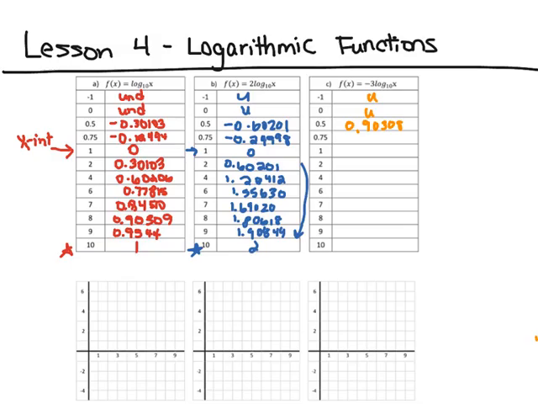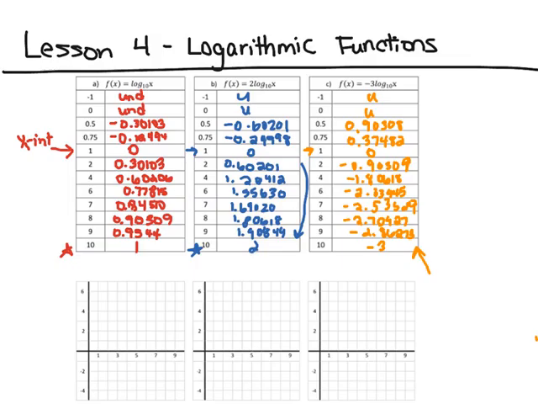So pause the video and fill in the rest of the numbers. So we have the following numbers. Notice that our x-intercept is again 0. And this time our last number is -3. So we're just going to sketch them, then we're going to talk about what is important.